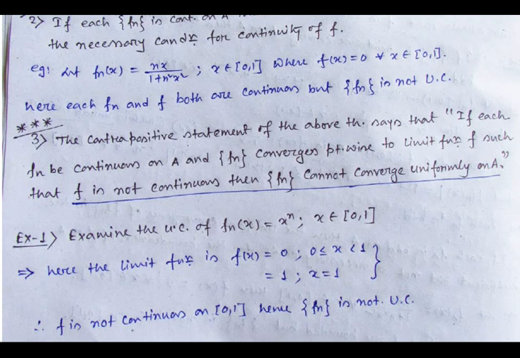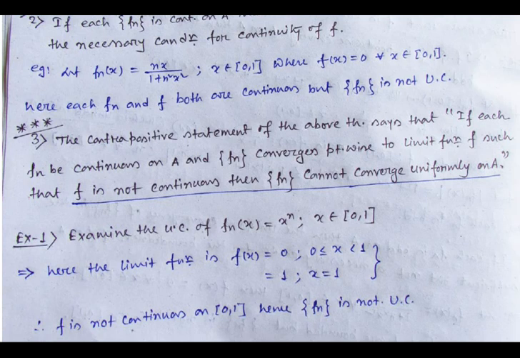But what will be the contrapositive statement of this theorem? If we think clearly, the contrapositive statement will be that if the limit function f is not continuous, then we can directly say the sequence of functions is not uniformly convergent. If the sequence of functions is uniformly convergent, then the limit function automatically becomes continuous, as each and every term in the sequence is continuous.